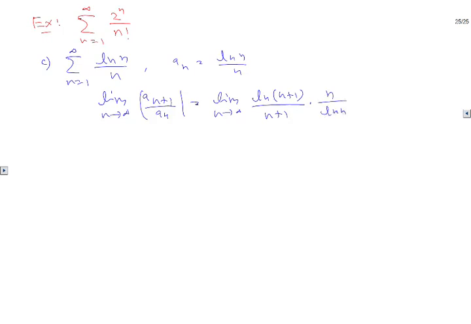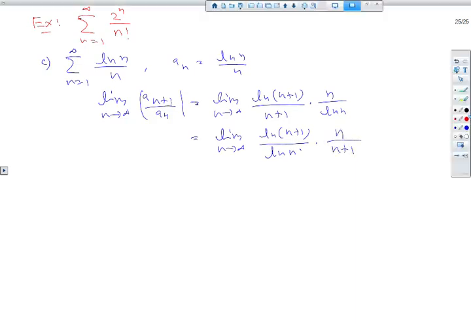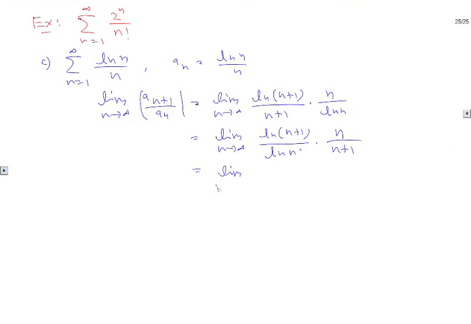What we can do is combine like terms, so that means the limit as n goes to infinity of ln(n+1) over ln n, times n over n plus 1. Now we can distribute the limit to the two factors, so we have the limit of ln(n+1) over ln n times the limit of n over n plus 1.